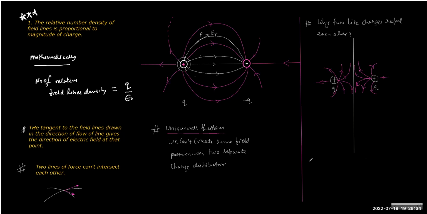In the middle, the air will just move, maybe vertically upward or downward, or parallel to the plane. Understood? So what is really repelling is called the lateral push of lines of force. The lines of force are pushing each other, and that results in the separation, or the charges going away. This is how we explain the repulsion using the lines of force concept.